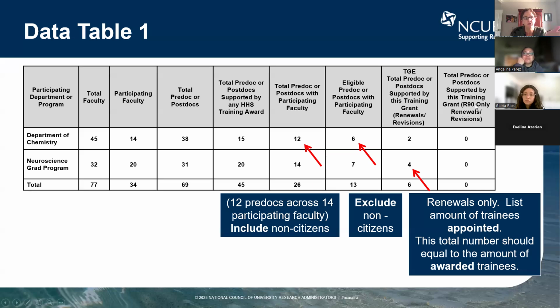And then this last one is for R90s, which we don't have any programs like that at UCSD. So I just tell people to, but you may have one at your institution. So I hope that was not as confusing.